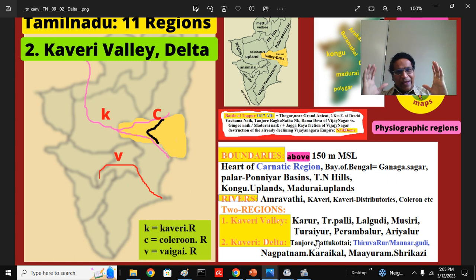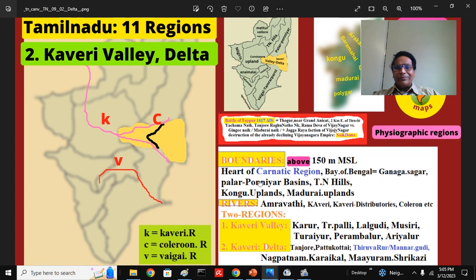It is present in the Thanjavur Delta but administratively and politically belongs to the Pondicherry Union Territory. Then Mayuram and Sirkazhi.